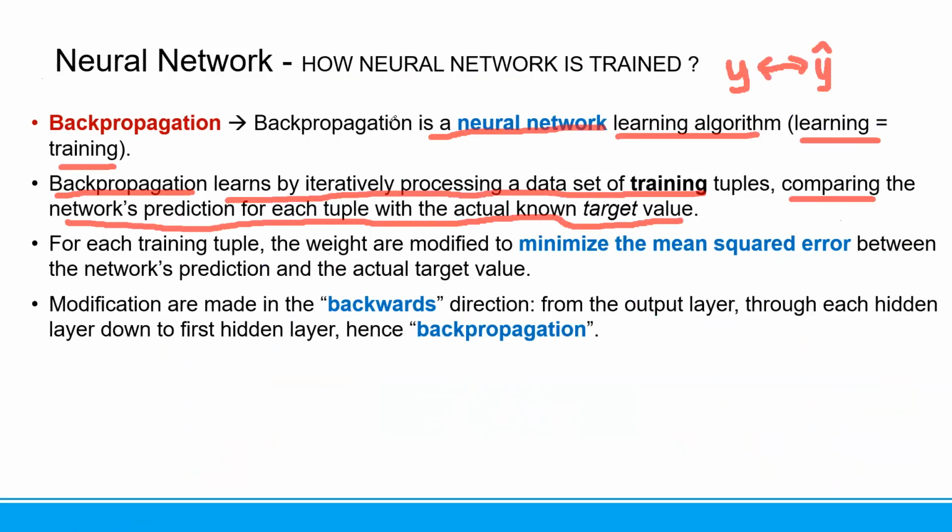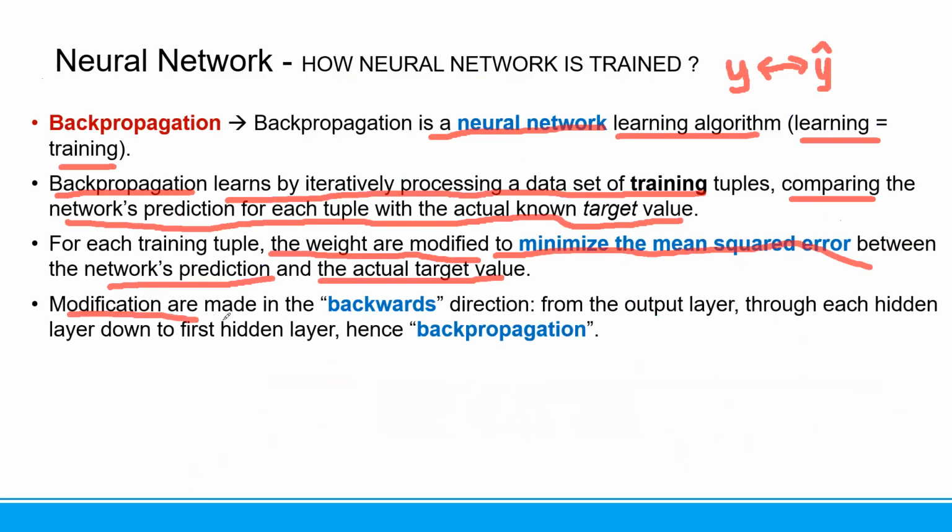So backpropagation tries to compare, and of course at the end we will modify the weights. The weights are modified to minimize the mean square error. So the goal is to get the minimum mean square error between the network prediction and the actual target value.